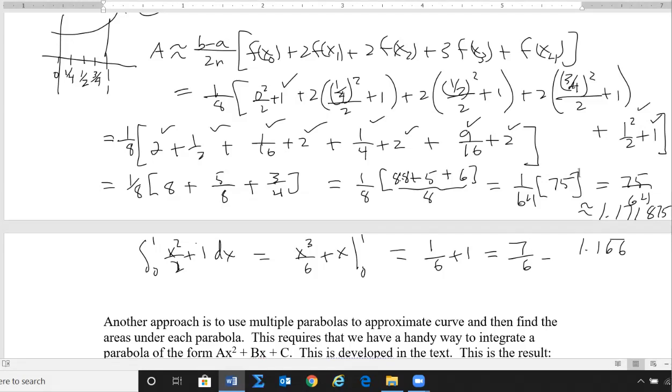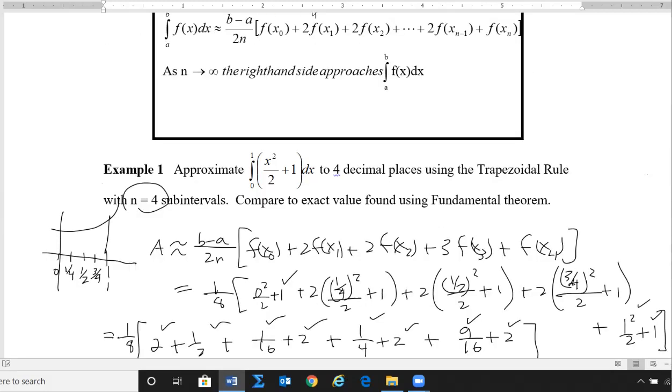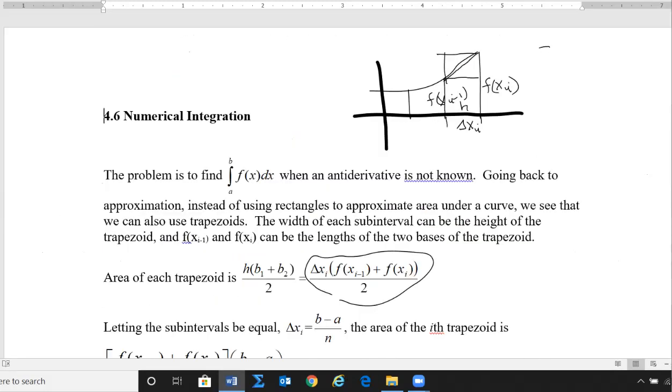The more linear the curve is, it seems the better the estimate would be, since there's less loss or extra involved when you put those trapezoids up in here. If this is more linear, for the same number of trapezoids, then you'll have a better estimate.